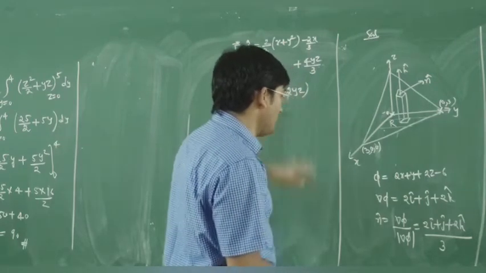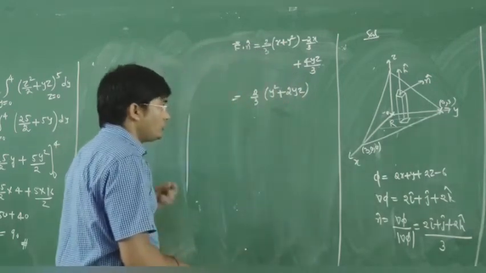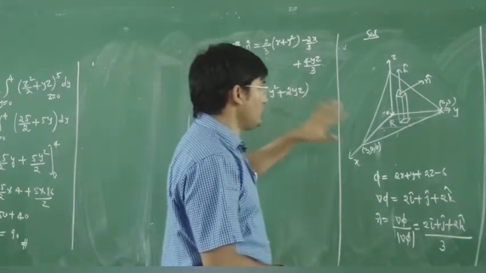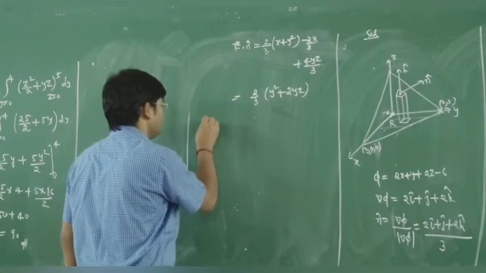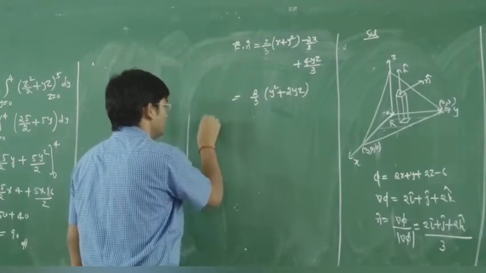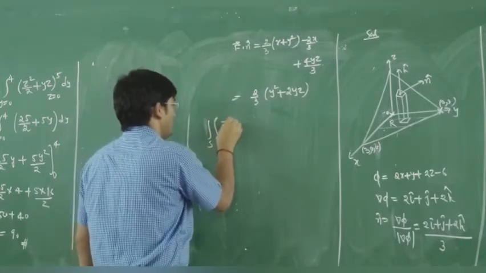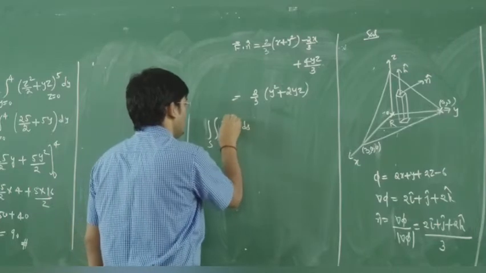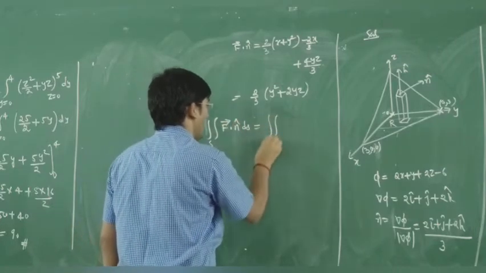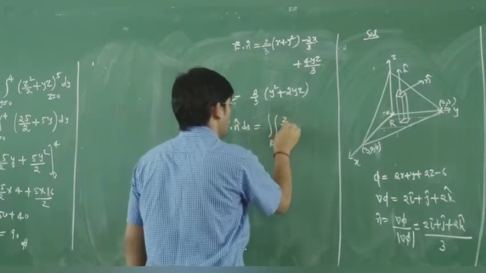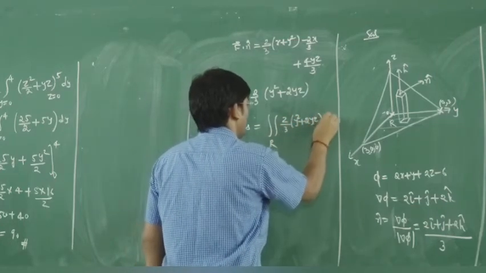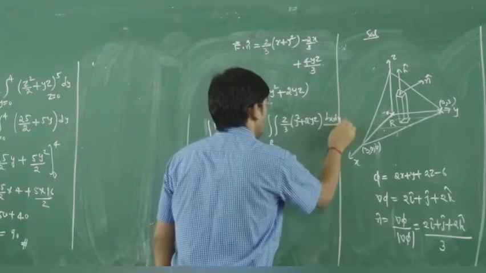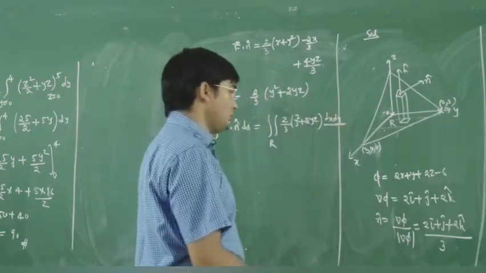Now let us calculate. If we take the projection of the surface on the xy plane, then the double integral of f dot n into ds over R is the double integral of (2 by 3)(y square plus 2yz) dx dy upon n dot i.